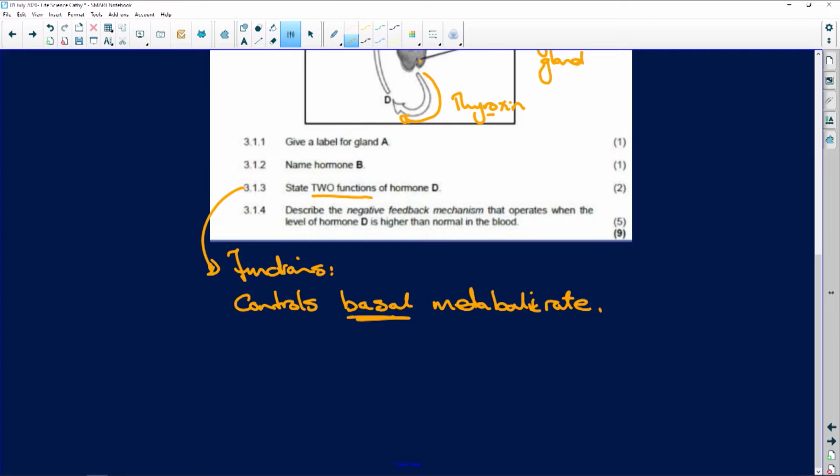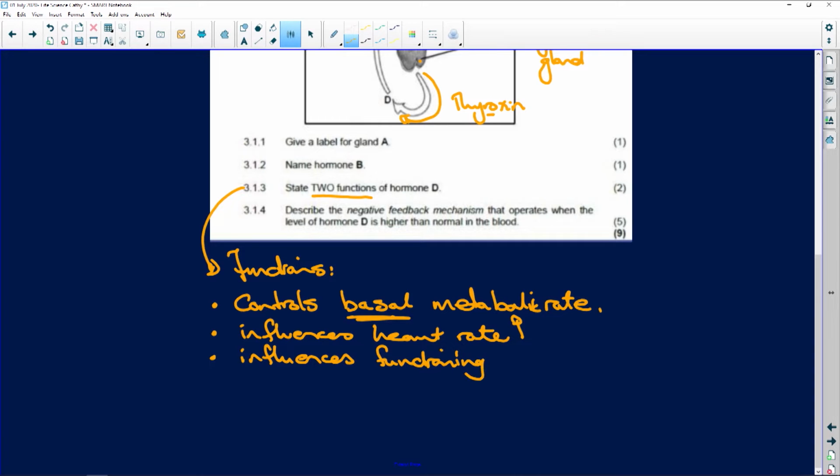Okay, so it controls your basal metabolic rate. That's the first thing it does. The second thing it does is it influences heart rate, because that's directly linked to your metabolic rate. And it influences, you can also say affects, the functioning of the nervous system.